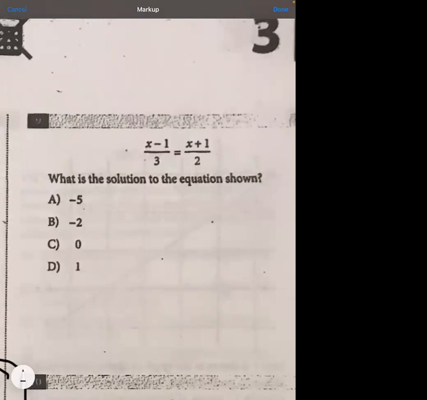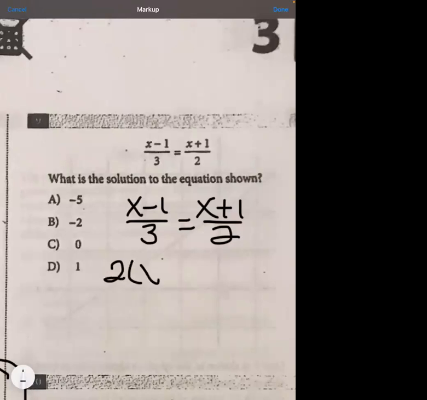All right, so for this problem, we're trying to find what the x is. In order to find x in this question, we could cross multiply and then we could simplify.